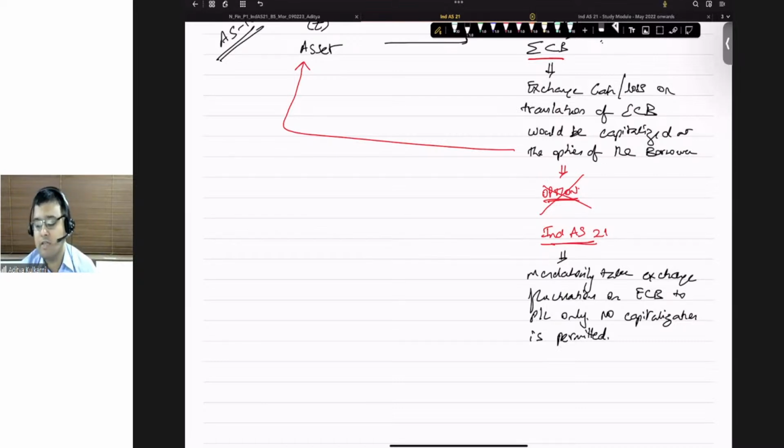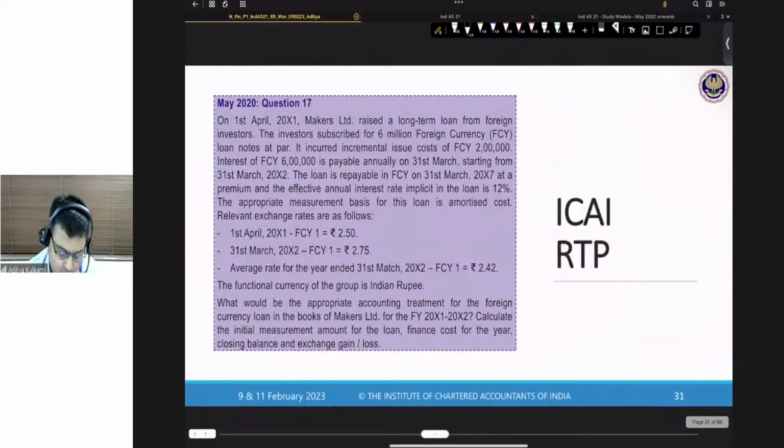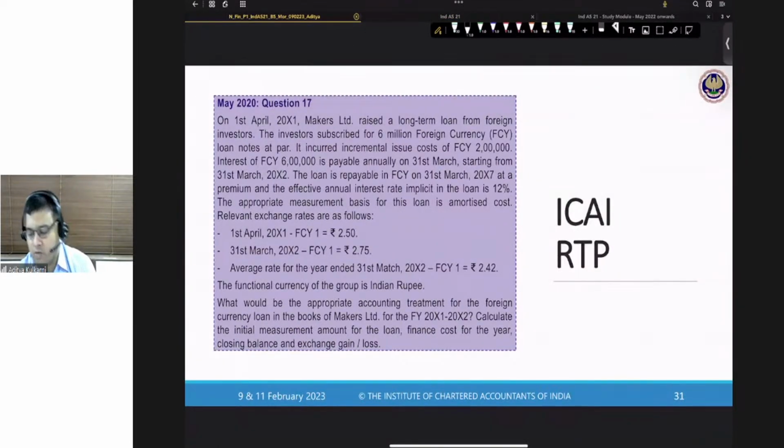Whereas any gain or loss relating to the external commercial borrowings taken to finance the acquisition of an asset will be mandatorily expensed to the P&L. No capitalization is permitted. So that takes care of everything I had to discuss about assets accounting. Now we come to the next part.